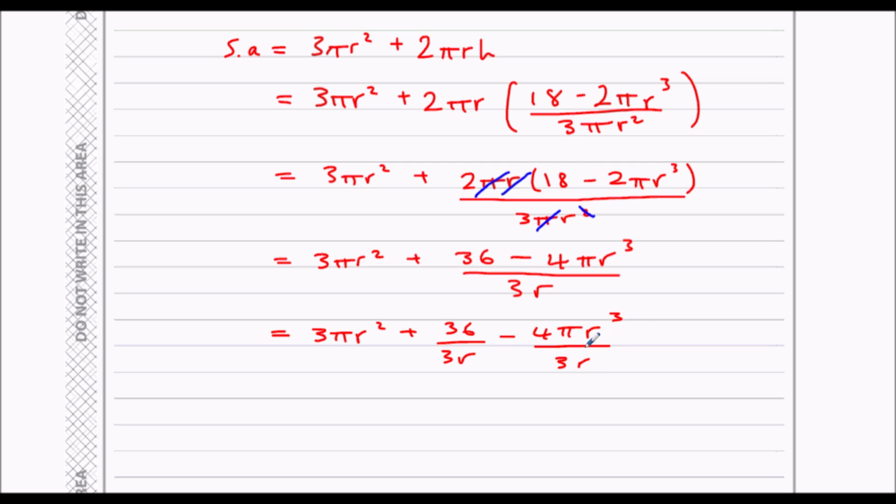And then I can divide top and bottom by r on this one. I'll leave it for now. So I'll go 3 pi r squared. Divide top and bottom by 3 on here, so that's 12 over r. And divide top and bottom by r here, so 4 pi r squared over 3.